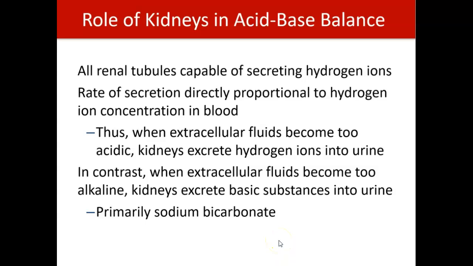Okay, so your kidneys, like I said, are very important in acid-base balance. All of those tubules are capable of tubular secretion of hydrogen ions. They're going to secrete it based on the hydrogen concentration in the blood. If the hydrogen concentration gets too high, that's going to make our blood very acidic, and the kidneys are going to want to excrete extra hydrogen ions to normalize that pH.